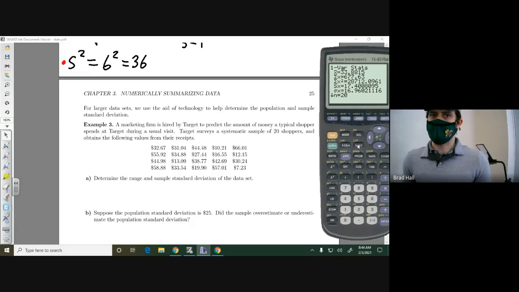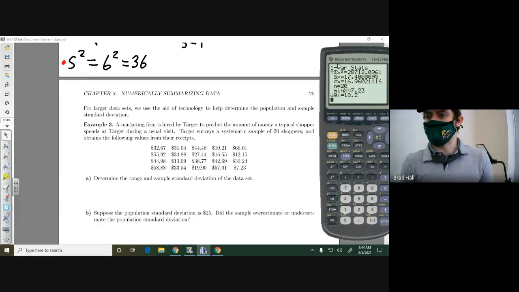Did anyone also get those answers? So like for the mean, did you get 33.88? You got that. So now the question is, which one of these represents the range? Well, let's just start with the range.